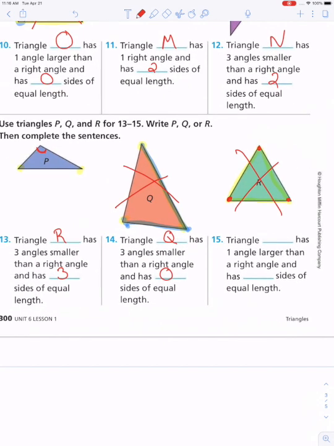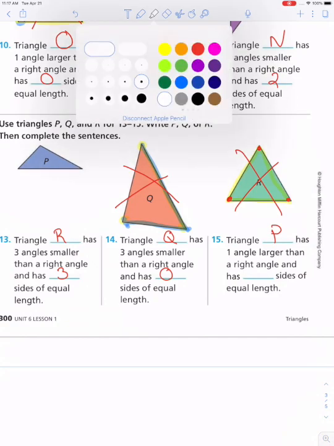Okay, so that means triangle P, we've already talked about it. We have one obtuse angle right there, right? And how many sides of equal length? So let's get this stuff out of the way so we can see. Let's change the color so we can see.